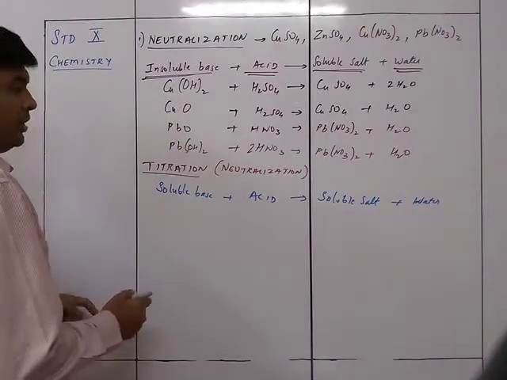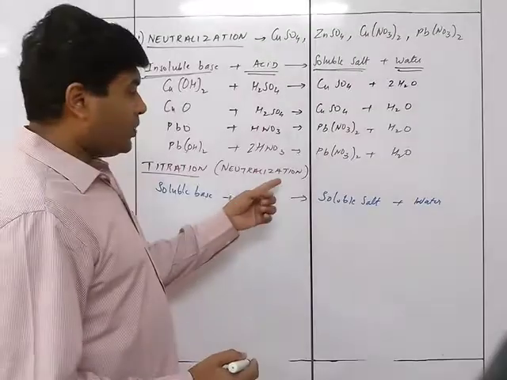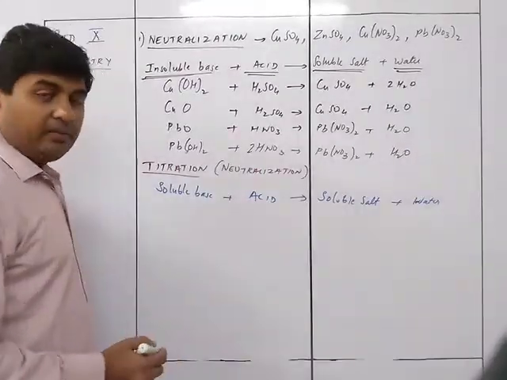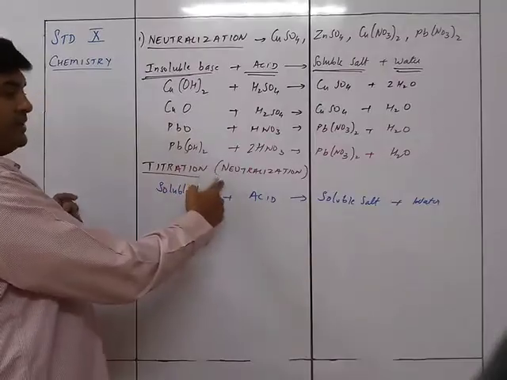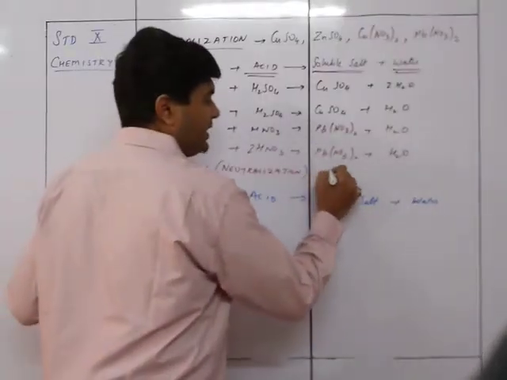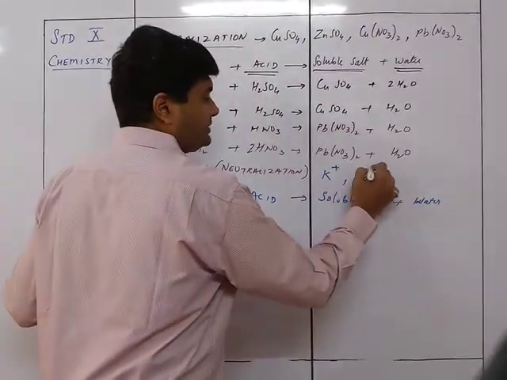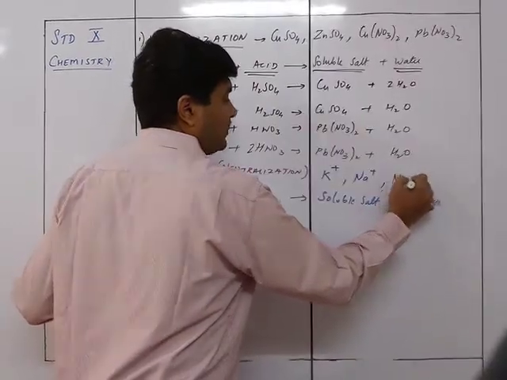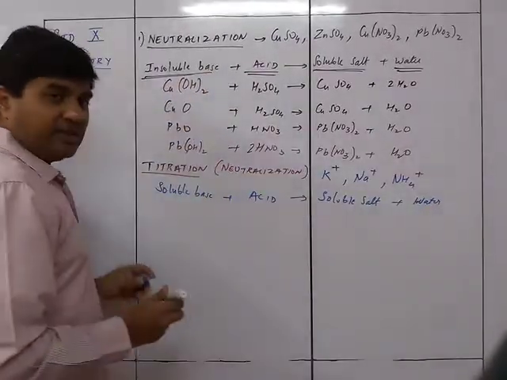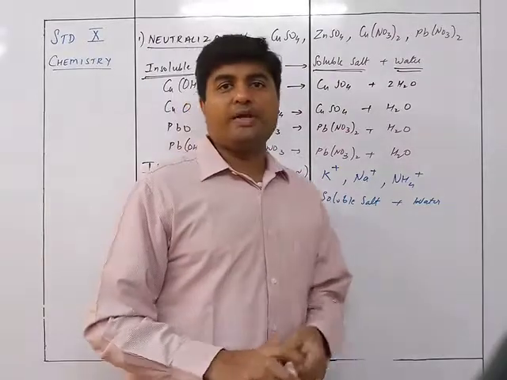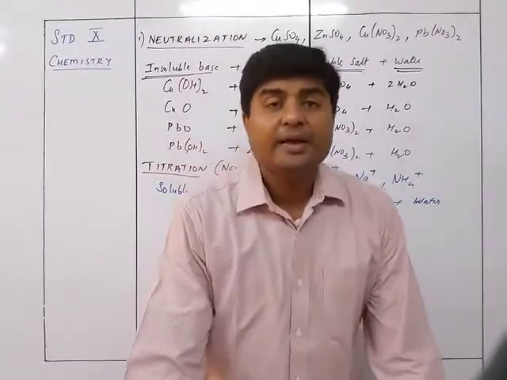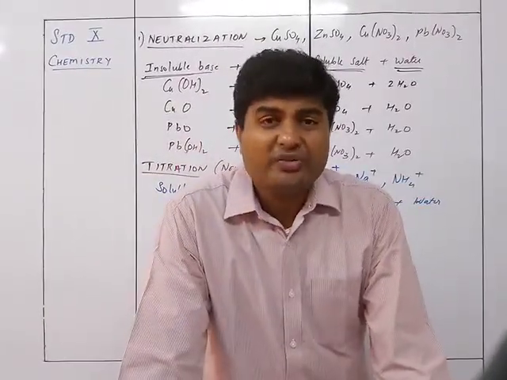So what we can see is that the only kind of salts which I can prepare with this one are the ones having K+, Na+ and NH4+. Only those salts having potassium, sodium or ammonium in them can be prepared by the process of titration.